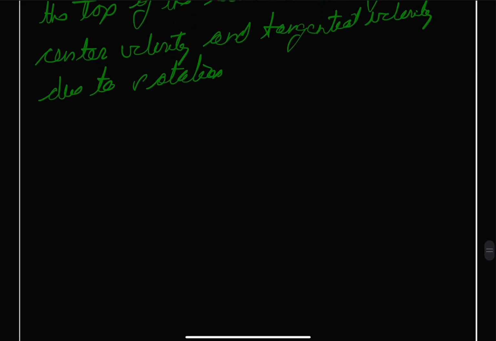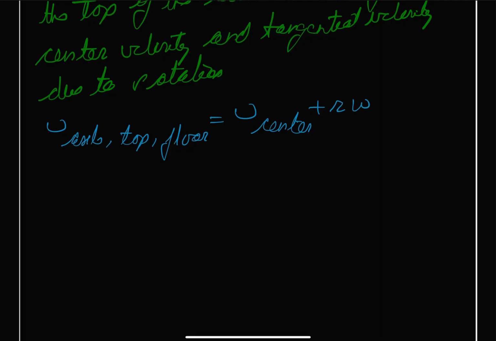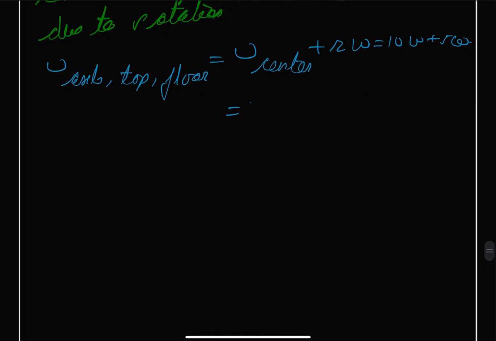Therefore, the velocity of the axle top relative to the floor will be equal to the velocity of the center plus the tangential velocity r omega, which comes as 10 omega plus 5 omega, giving us 15 omega centimeter per second.